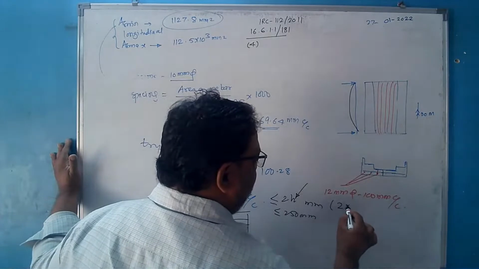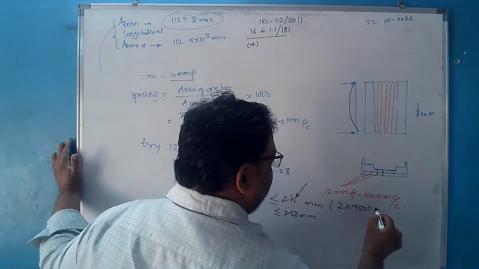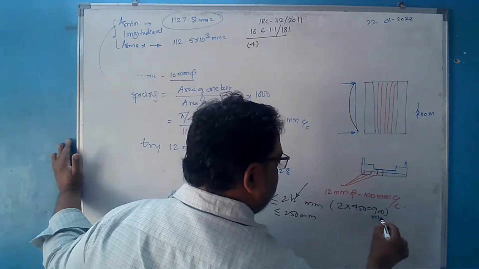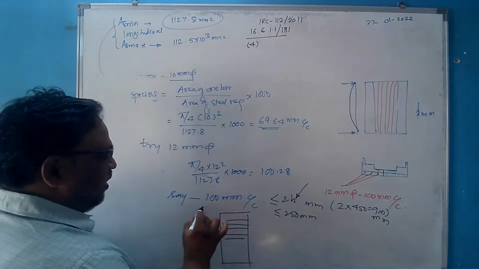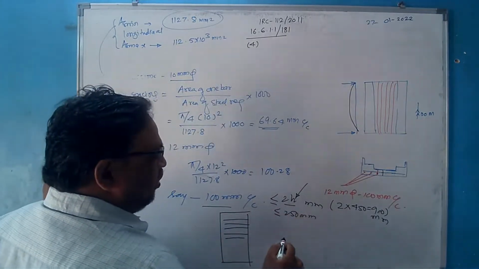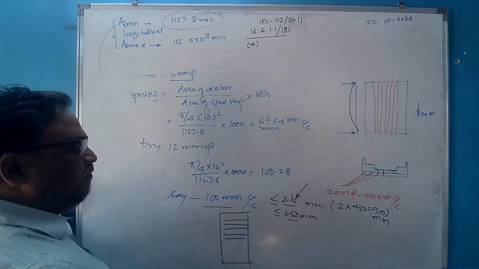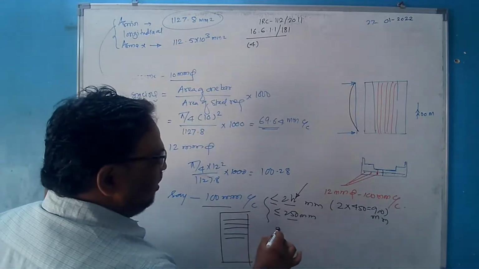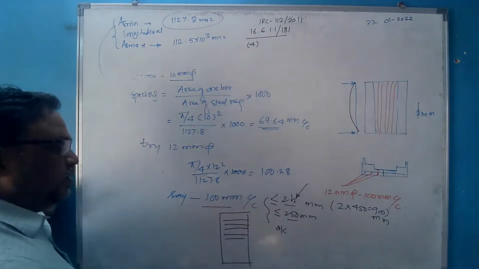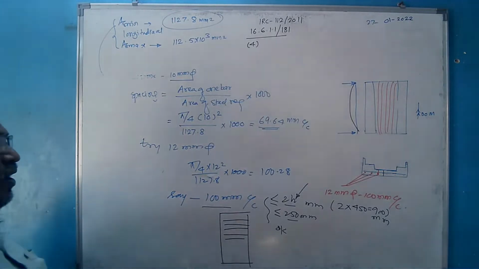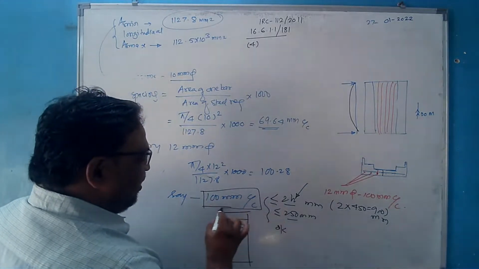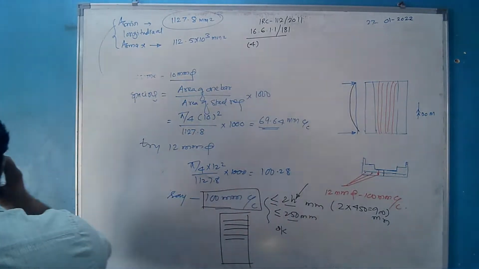So it will be 2 multiplied by 450. That comes to be 900 mm center to center. So whatever spacing we are trying, it must be less than 2h and less than 250, and it is satisfying both the requirements. So it is okay. Acceptable. So we are providing 100 mm center to center.